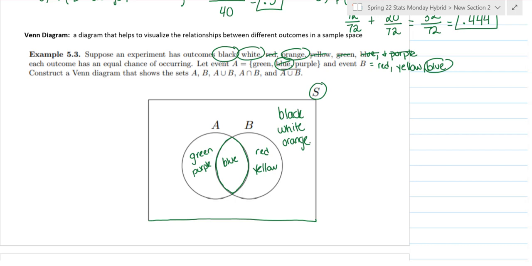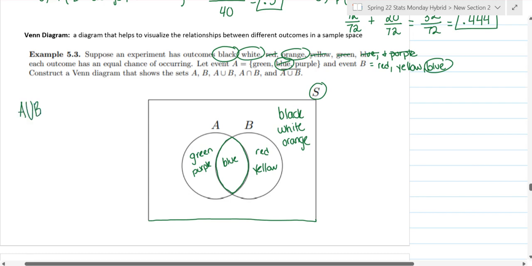So A and B are written. Now you want A union B. Remember, that's everything in A and B. So we would just write all of those out: green, purple, blue, red, and yellow. A intersect B is that blue right there, what they have in common.